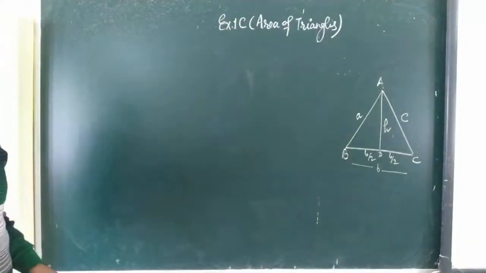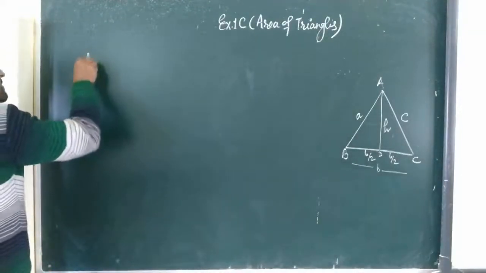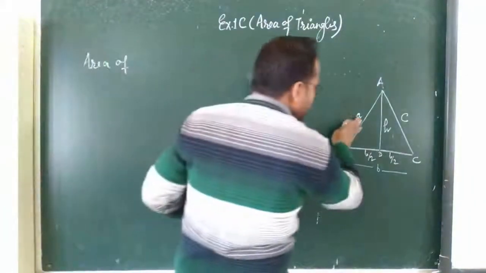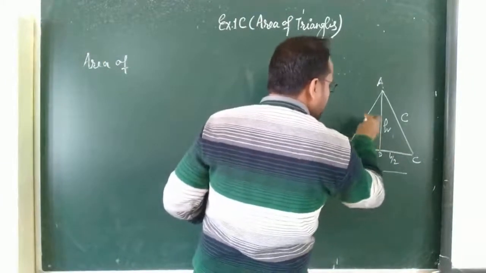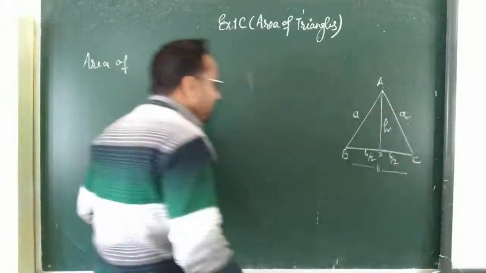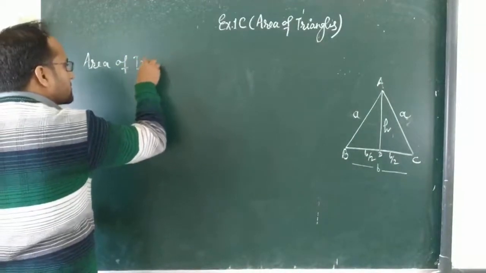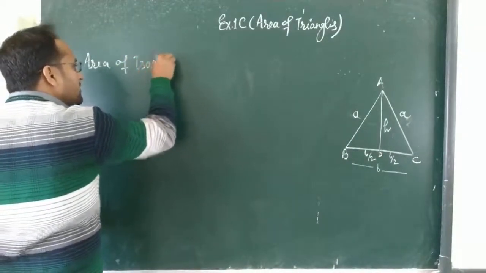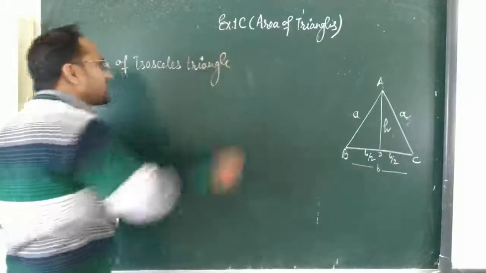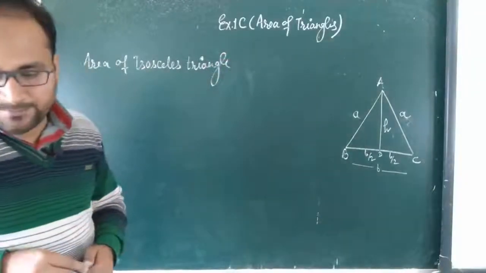Okay, students. Area of isosceles triangle. This one is a and this one is also a. Isosceles triangle means that two sides are equal.